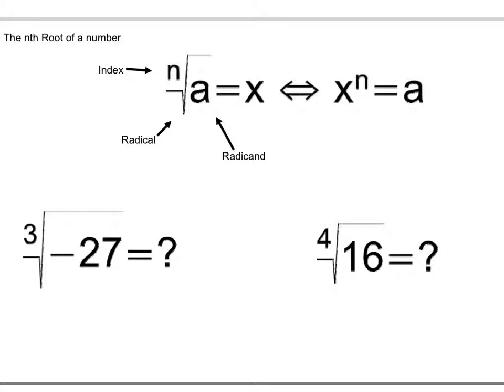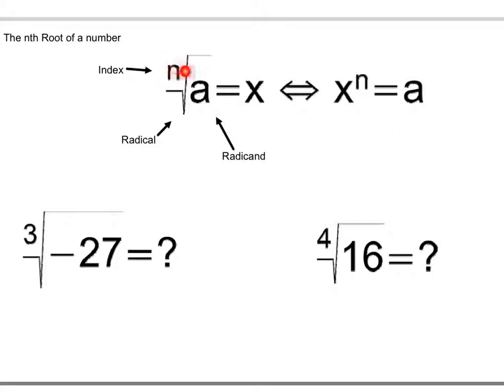Either way, any problem asking for the nth root of a number has a setup like this. The index is this small number n that goes in front of the radical, almost on the top left. That's the number of times that the number is going to multiply by itself to give us the value inside, a, which we call the radicand.